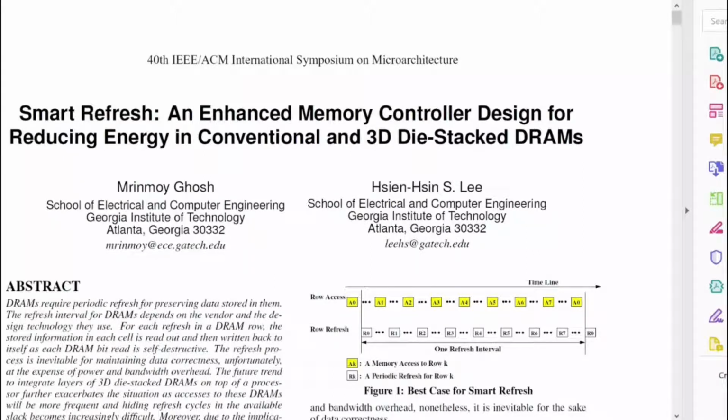I explained in my first two lectures that when the controller sends an activate command to a row, the row content will be available in the row buffer, but at the same time, after some tRAS time, the row is also automatically restored. That means the row is again refreshed. So the smart refresh concept is based on the idea that if a row is recently accessed, then it's not required to refresh it in the next periodic refresh operation.